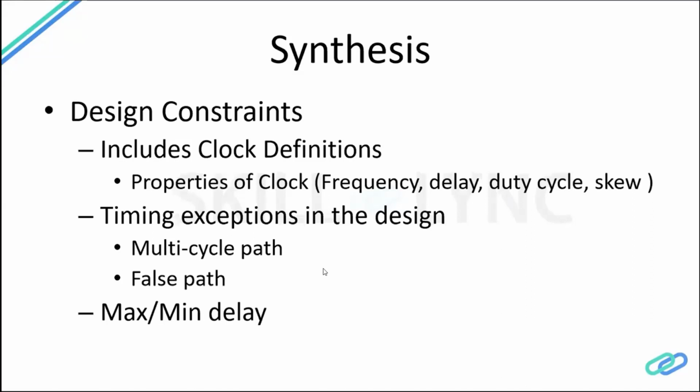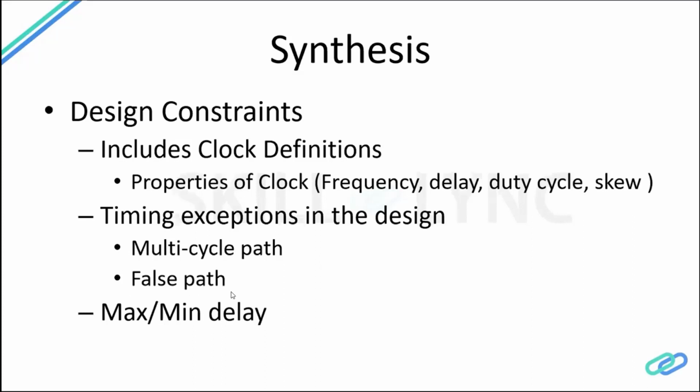If you're implementing a multiplier or some logic with a huge combo logic, and you know for sure that the data cannot go from one flop to another in one clock, you define that it will take more than one clock, or two clocks, or three clocks, depending on your design. You can mention it as a multi-cycle path.